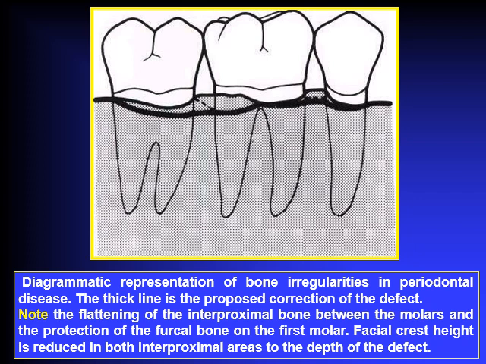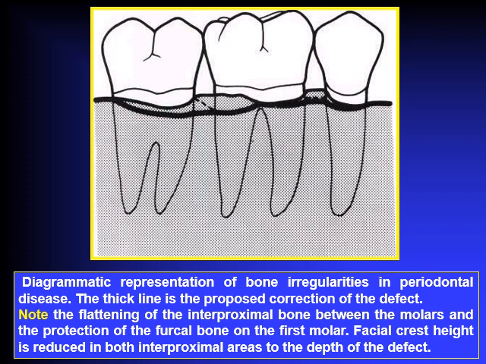You see the discrepancy between the level of the bone lingually and facially. So we make flattening of this interproximal bone and take care to protect the furcal bone, not to bare the furcation, not to make a pathological situation in these teeth.